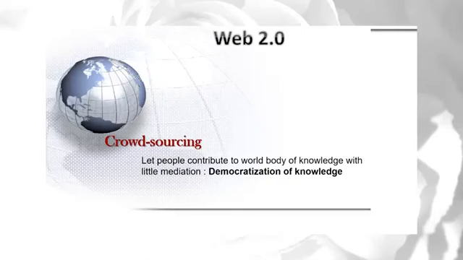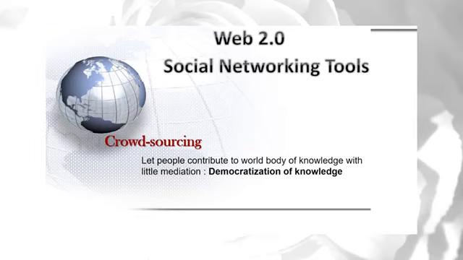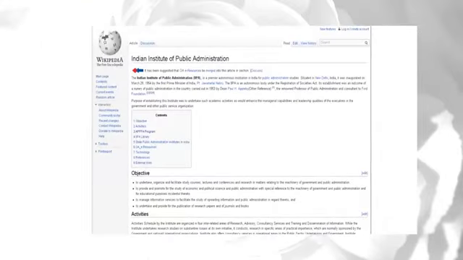Similarly, libraries are also facilitating crowdsourcing platforms for democratization of knowledge. When we say crowdsourcing of information, we make use of social networking tools. For instance, at IIPA, we created a Wikipedia that gives information about the library and other resources. We have also facilitated the term papers that our MPhil or other program participants create, and they are available there.